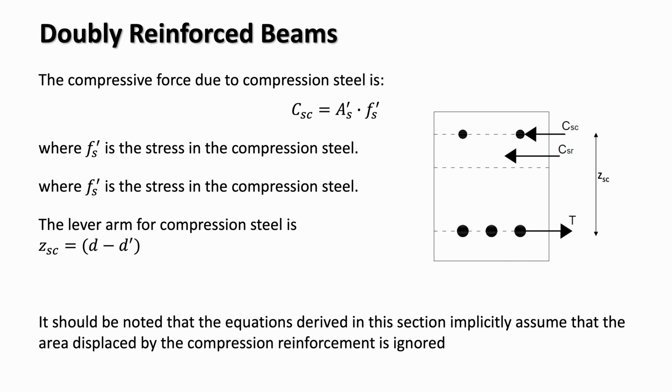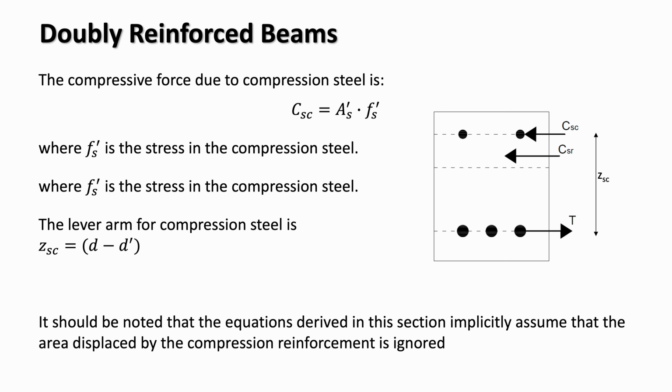This slide introduces the additional compression force provided by the compression steel. Once the concrete has reached its maximum compressive capacity, C_SR, any extra compression needed to balance the design moment must come from the reinforcement in the compression zone, and that contribution is C_SC equals A_s' f_s', where A_s' is the area of compression steel and f_s' is the stress it develops under bending.